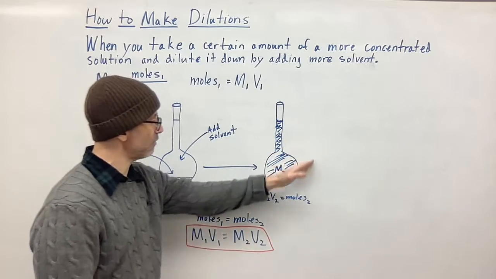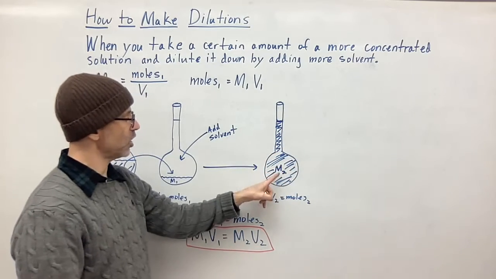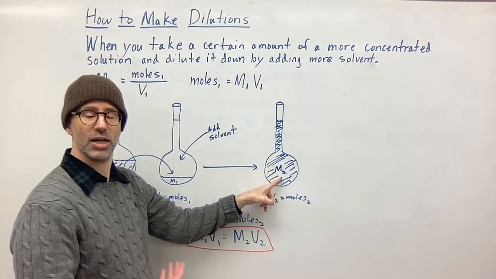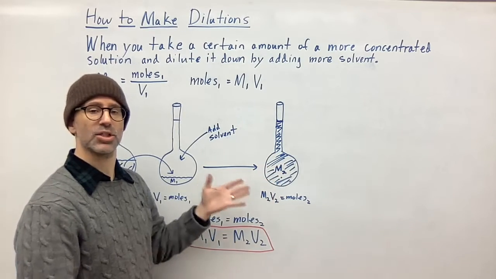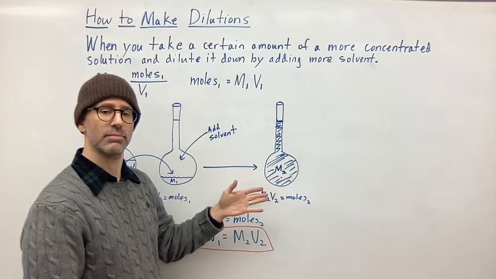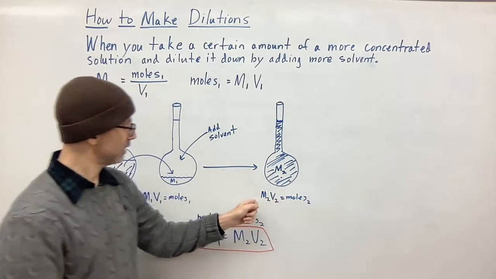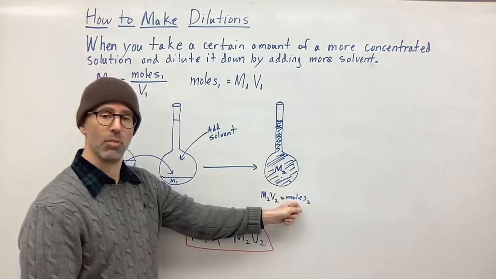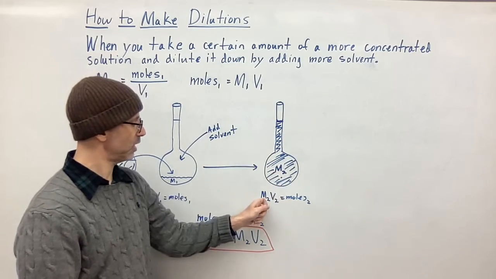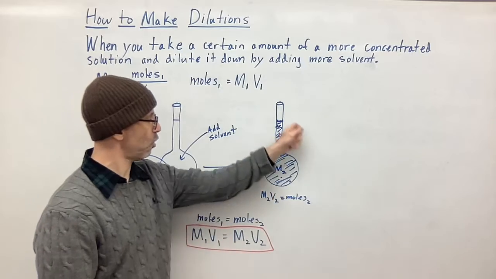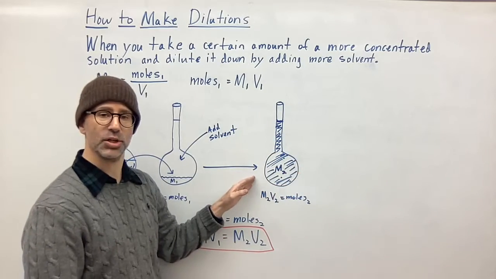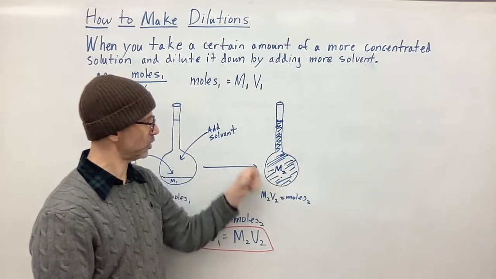So now I have a new solution, and we're going to call that M2. The molarity of my solution is different now. It's more dilute because the only thing I added was water. Here I can calculate the amount of moles in this solution: the new molarity multiplied by the new volume. If this is a 100 milliliter volumetric flask, this is now 100 milliliters.